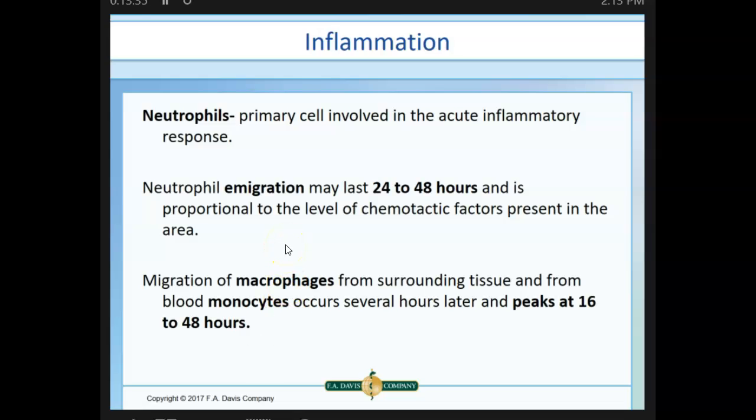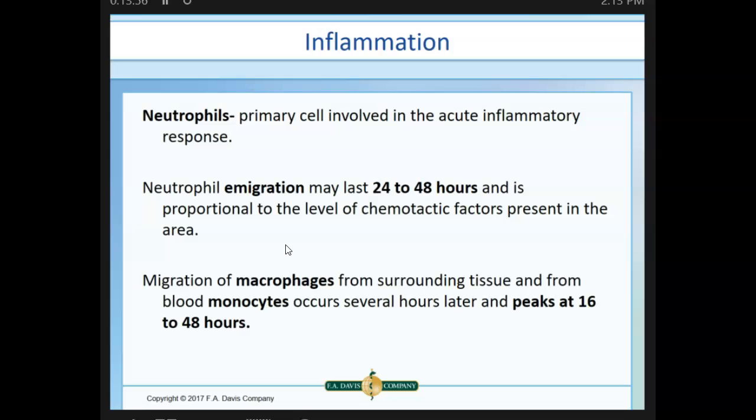Okay, next we talked about neutrophils in the first lecture as well. Neutrophils are the primary cell involved in the acute inflammatory response. Neutrophil immigration may last 24 to 48 hours, and it is proportional to the level of chemotactic factors present in the area.